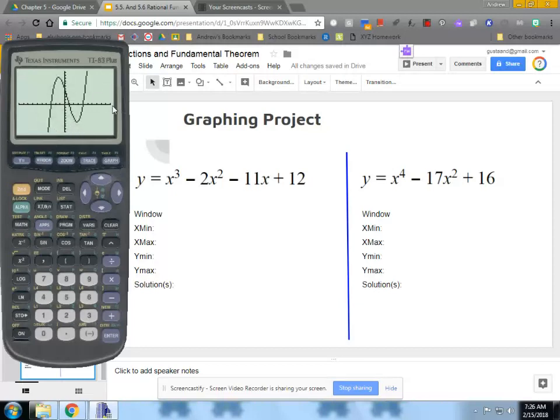So what I need to have for this project is I need to see that your window fits this graph. Now, one thing I am going to be particular about is that it doesn't have to be a perfect fit. If you did 30, that would be fine. However, you can't just set it to like negative 500 to 500 and say, hey, look, it's on there.